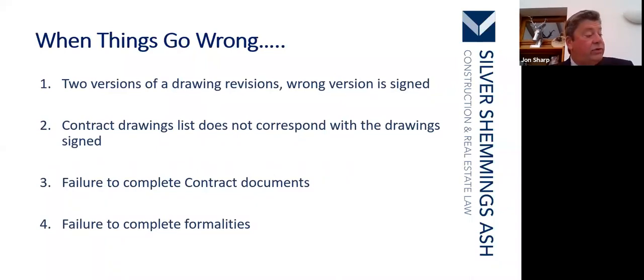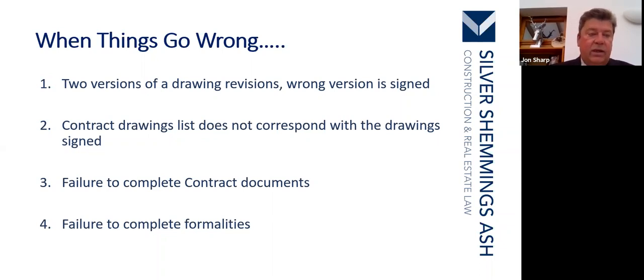So you have two versions of drawing revisions, and the wrong version is signed. This is never good. What you need to make sure when you're formulating the contract and getting it into final signing form is that all these schedules, attachments, and drawings referred to are all there, so that you have one set of the complete documentation.